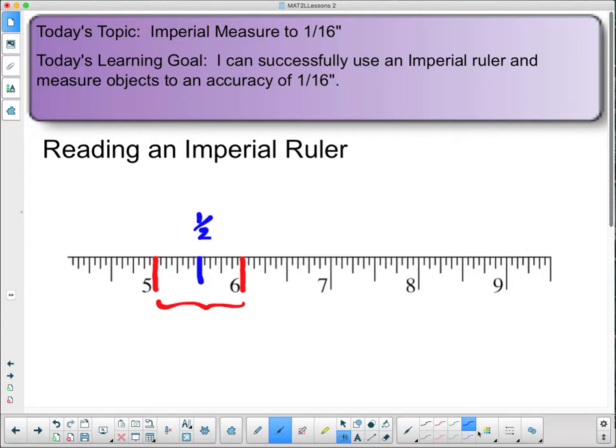Then we take the half and split it in half, and when you split a half in half, you get a quarter. Then when you split a quarter in half, we get an eighth.